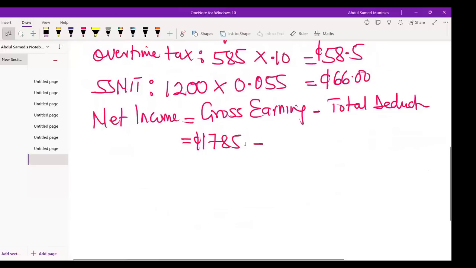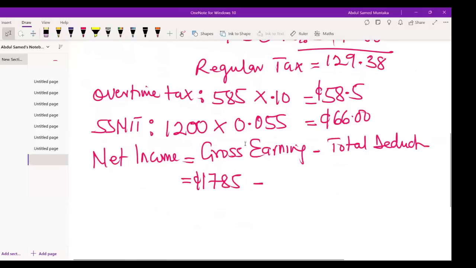What is our total deduction? Regular income tax was 129.88. Overtime is 58.5. And Senate is what? 66.